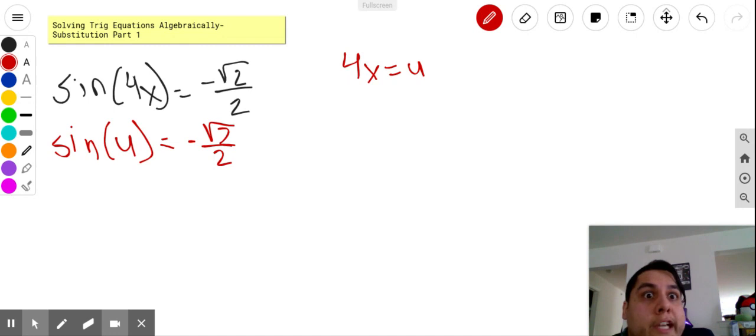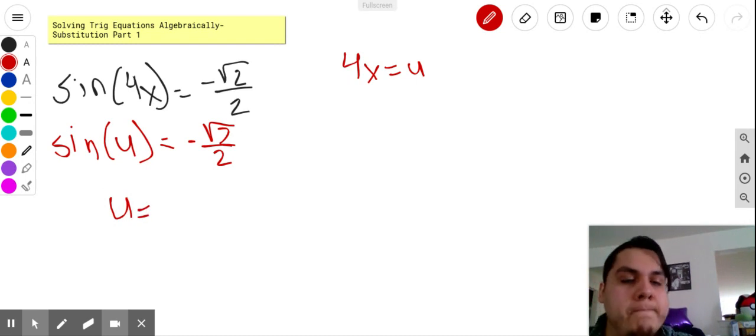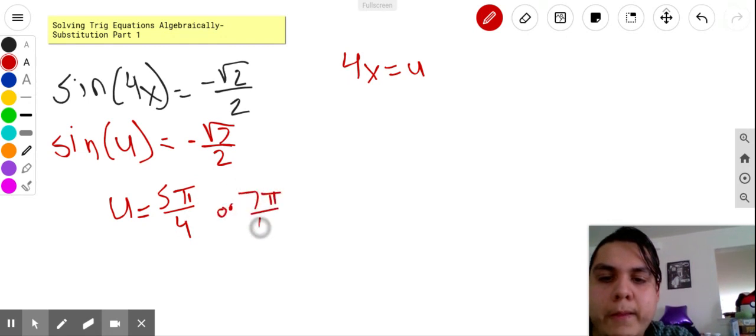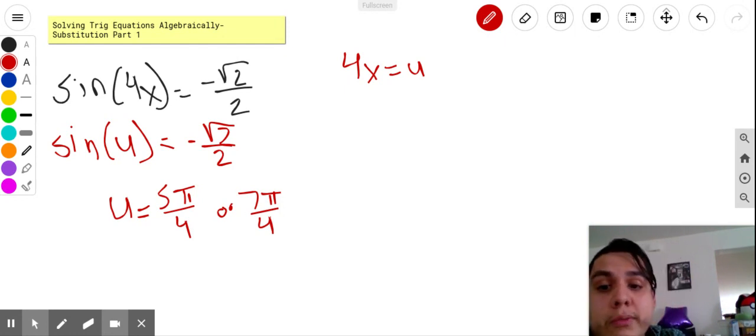But I want sine to be negative, so it should be at u equals, so sorry, I don't know why I did that, 5 pi over 4 or 7 pi over 4, right? But like I said, that's only between 0 and 2 pi. That's where I have the solution.